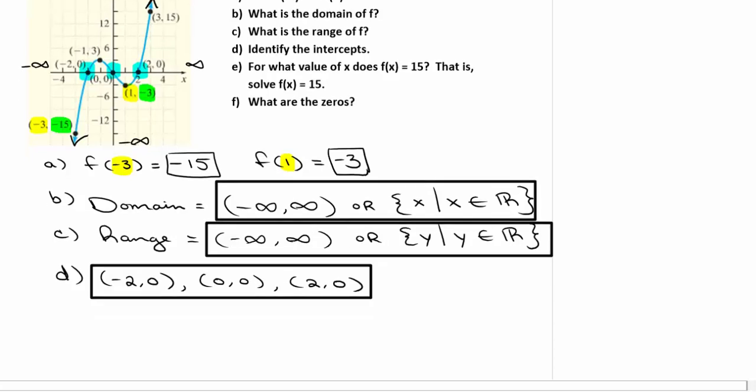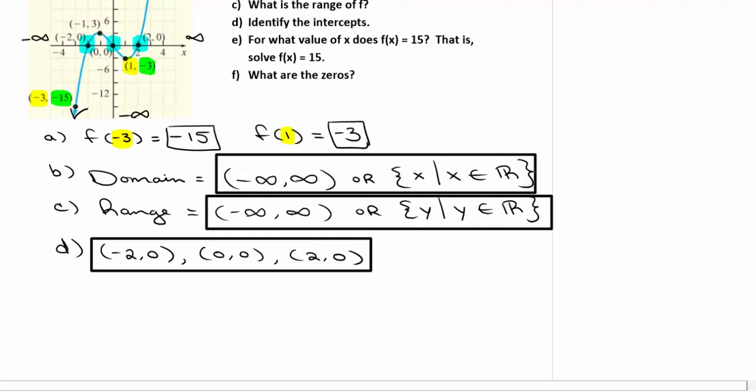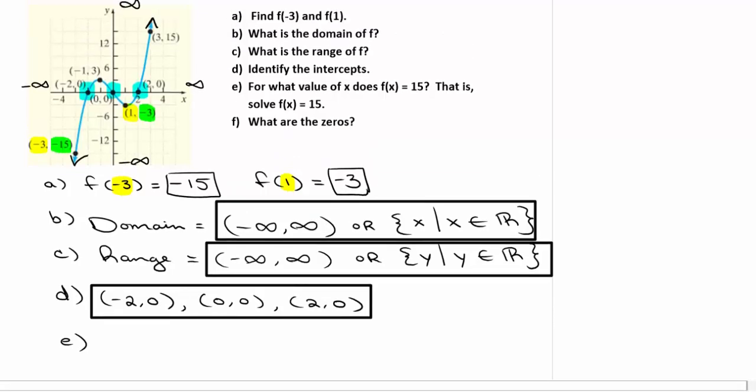For what value of x does f of x equal 15? So I'm going to go ahead and look to see where my y value is, because remember that f of x means the y value. It's basically saying, when is y equal to 15? So let's see which ordered pair here has a 15 in the y value.